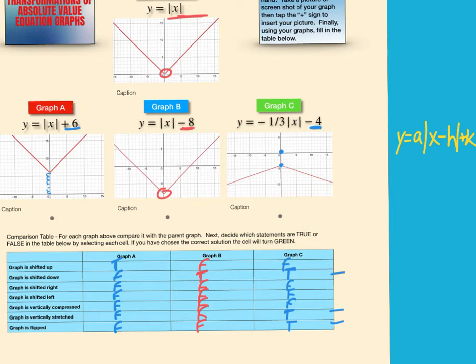I kind of ran out of room over there. I kind of want to rewrite that. If it will let me. Okay. So y equals a x minus h plus k. Okay. So we're familiar with that k shift now.